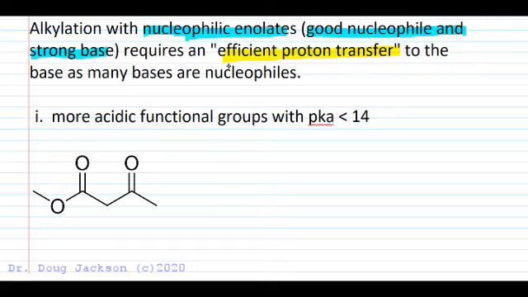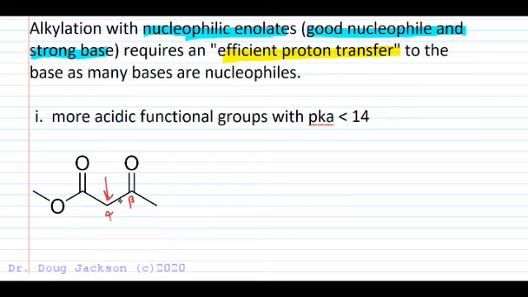For our more acidic functional groups like this, can we identify it here? It's a beta keto ester. Ester is the higher priority, and the ketone is in the beta position. A beta keto ester has a particularly acidic alpha carbon because of the double resonance, which we've looked at already in a separate lesson. This is a pKa less than 14.